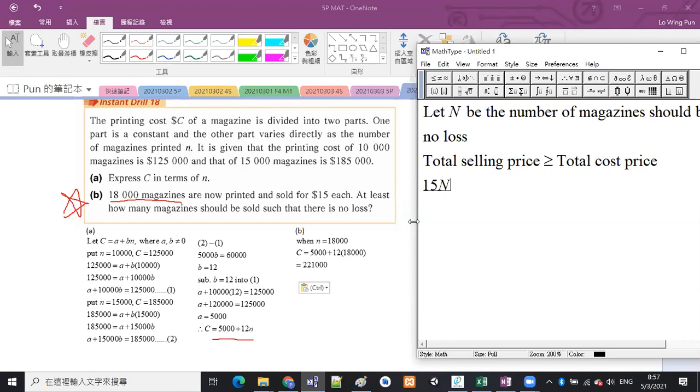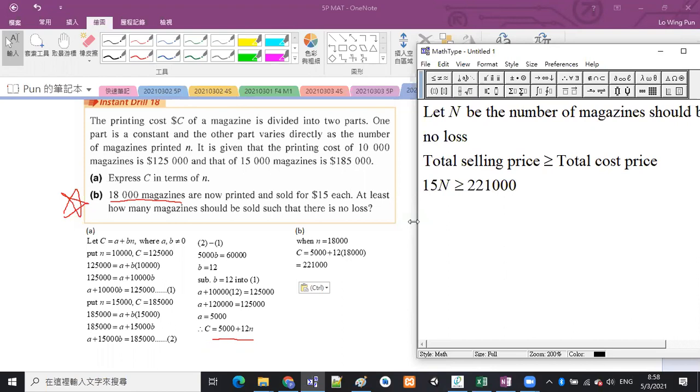Then the total selling price should be equal to 15 times n. And because I want it to be no loss, so my total selling price should be larger than or equal to the total cost price. That should be equal to 221,000.